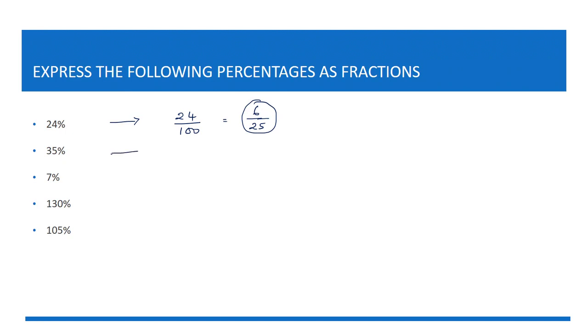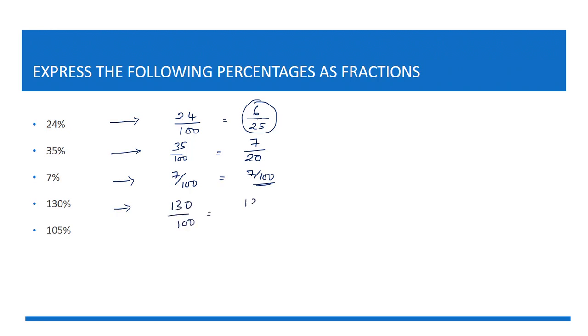For 35%, so 35 by 100. Start dividing by 5. 5 7s are 35, 5 20s are 100, so 7 by 20. For 7%, this is going to be 7 by 100. I can't divide, so the answer is 7 by 100 only. For 130%, 130 by 100.